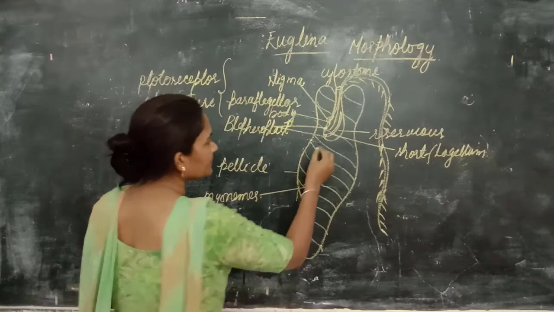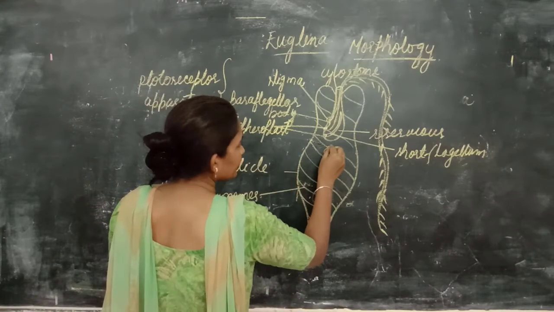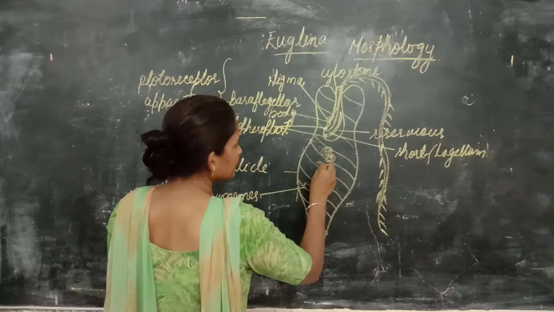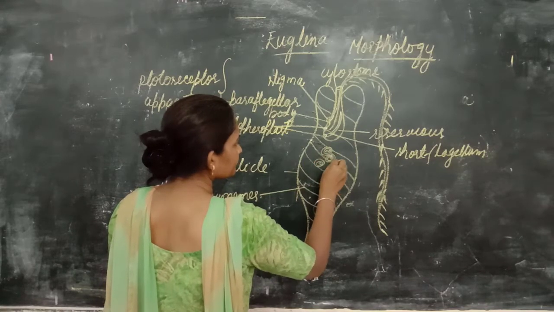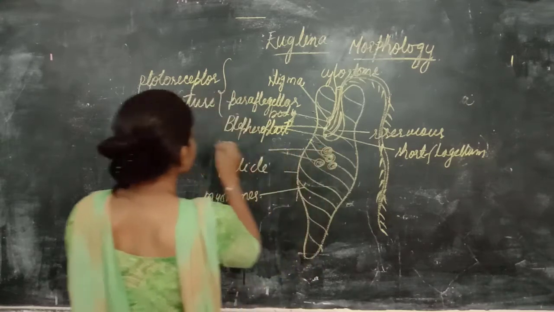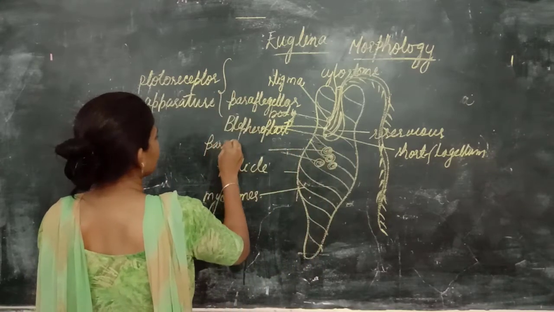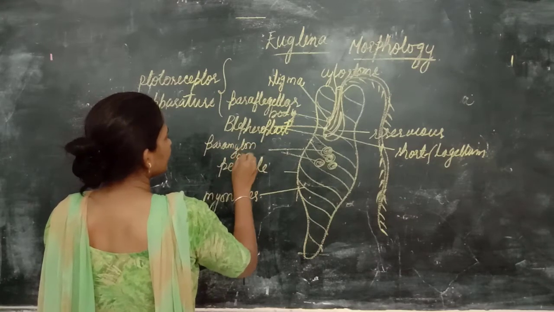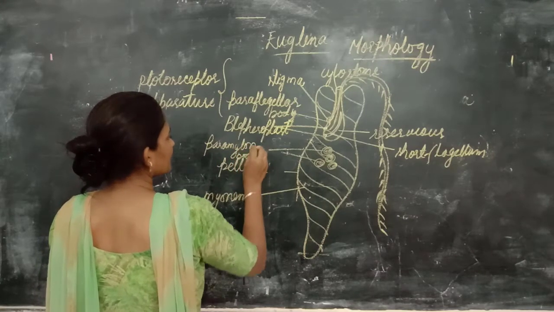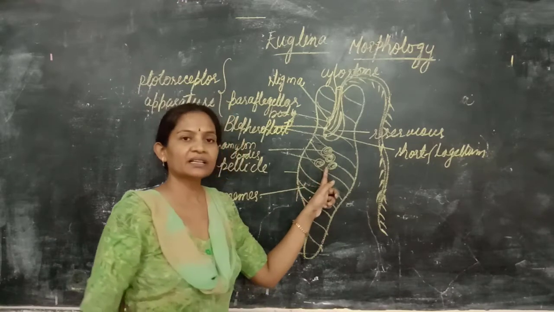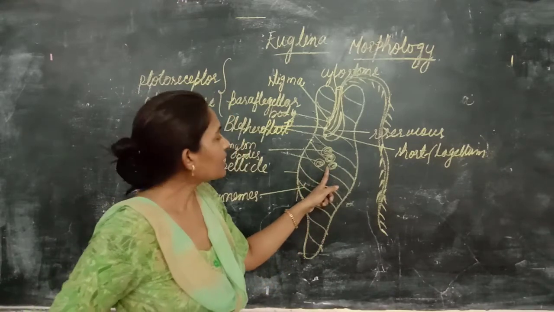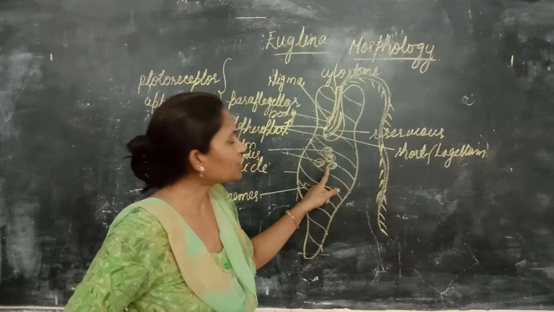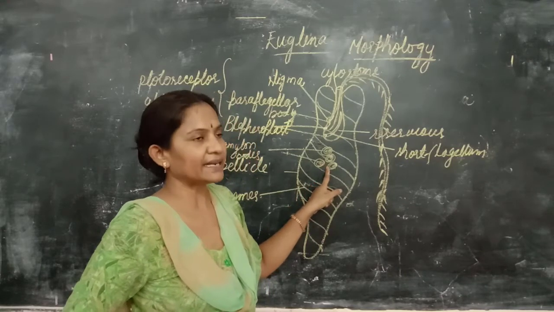And here we see the paramylon bodies. These are actually the stored carbohydrate, like starch, which are bluish green in color.